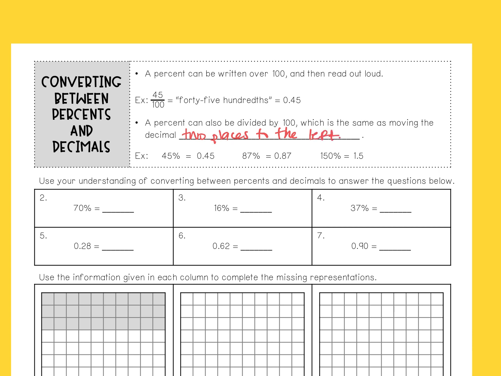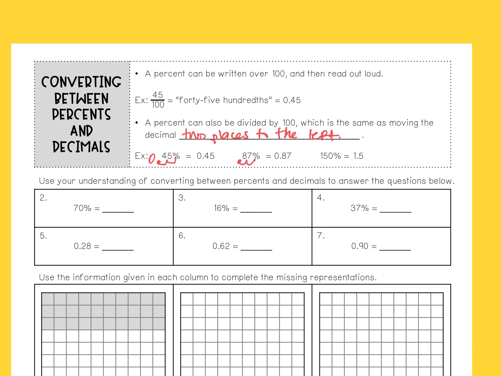So 45 divided by 100, I will just move my percent over twice and get 0.45.